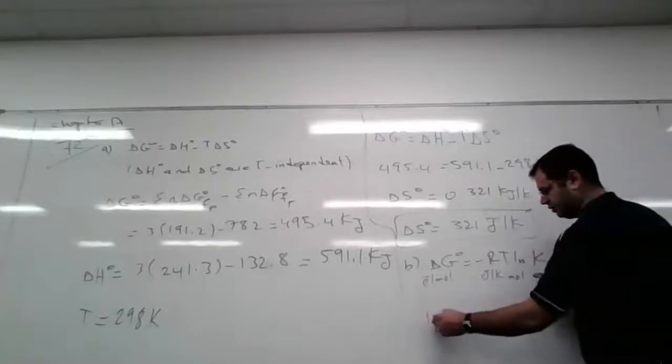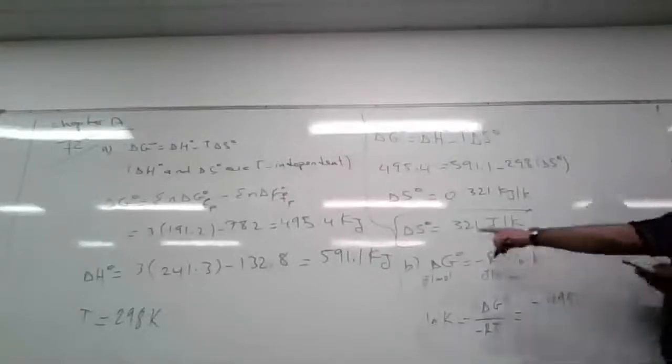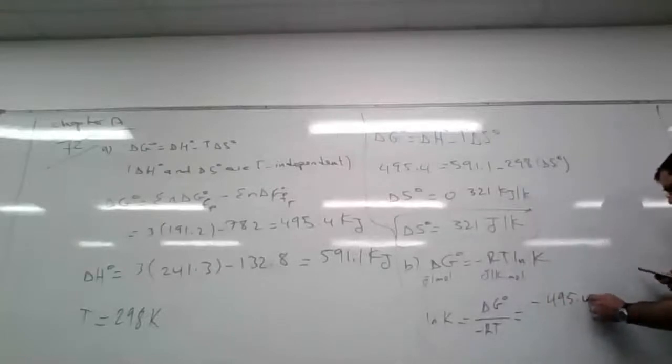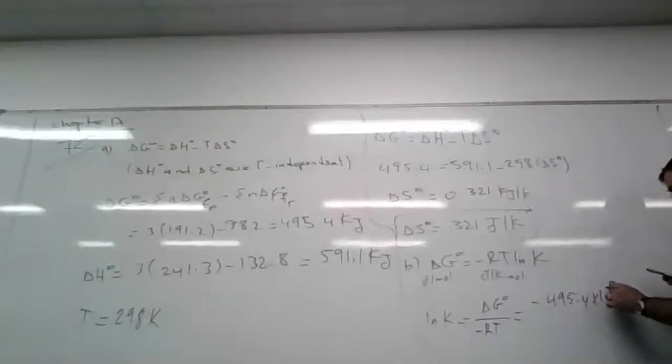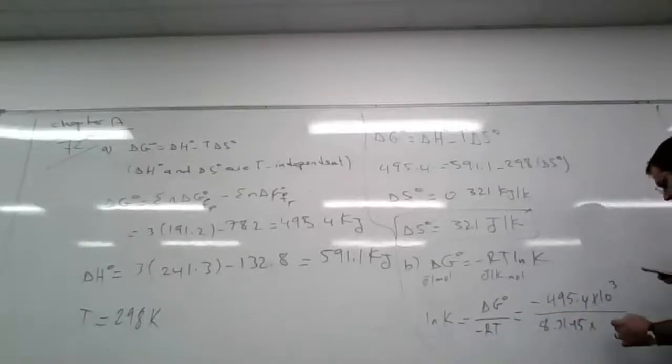ln K, don't forget, ln K is minus 495.4 times 10 to the power 3 over 8.3145 times what's the temperature accordingly, 298.